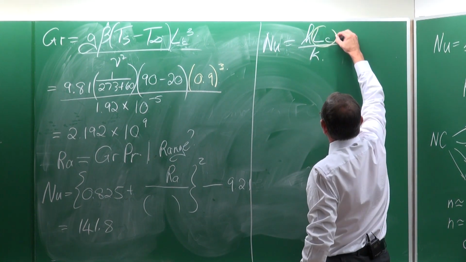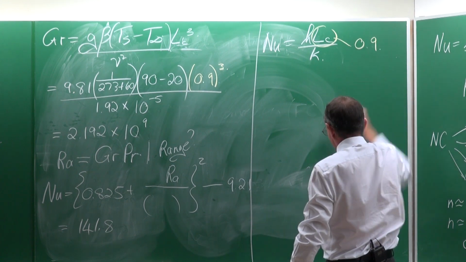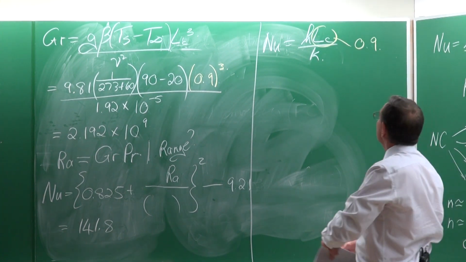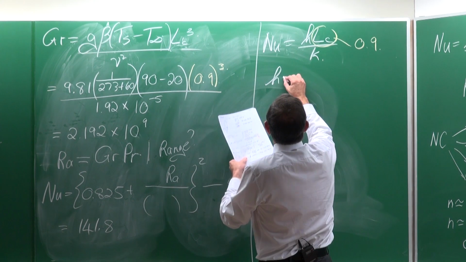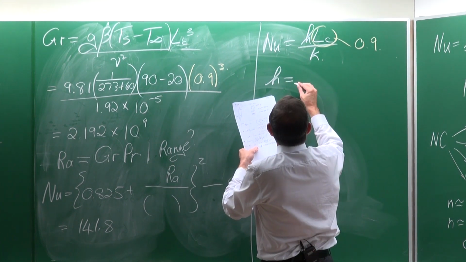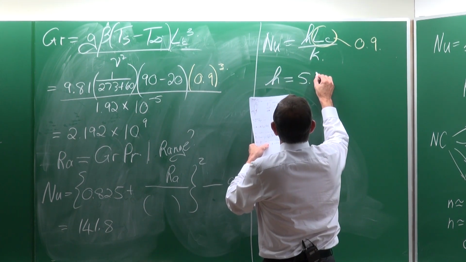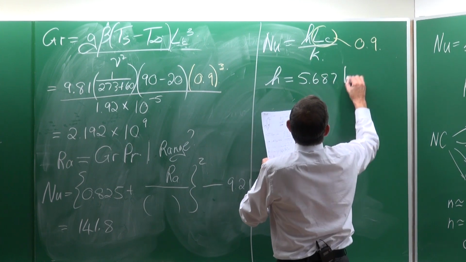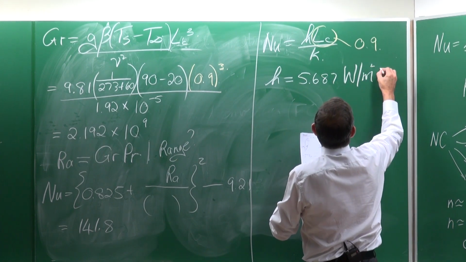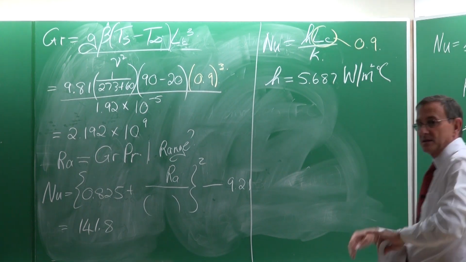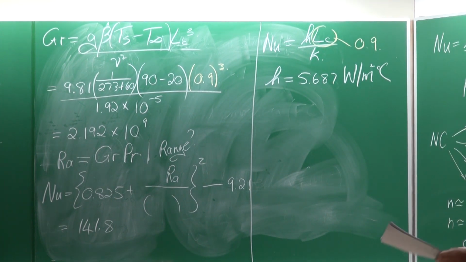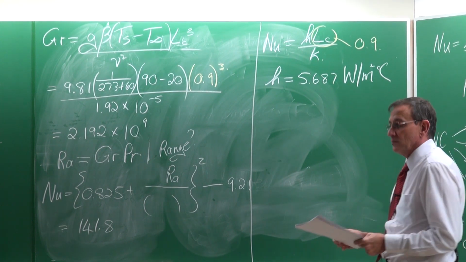The characteristic length that we need to use there is 0.9. Can go and determine the heat transfer coefficient as 5.687 watts per square meter Kelvin. It's a typical value that we would expect, not 50,000 or something like that.